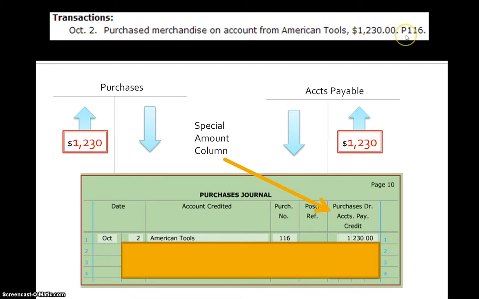The P tells us that it's going to be in the purchases journal. We just need to put 116 afterwards. And then this special amount column, both purchases and accounts payable for American Tools, are going to be debited and credited for 1230. Now notice we have a post-reference column. This post-reference column is going to come into play later, and we'll show you why.